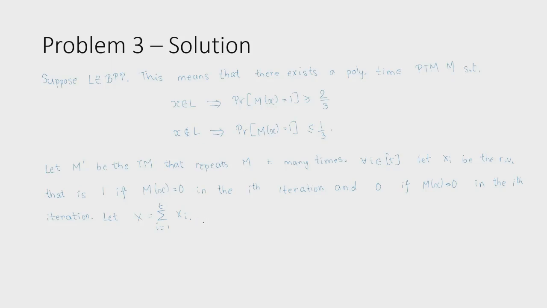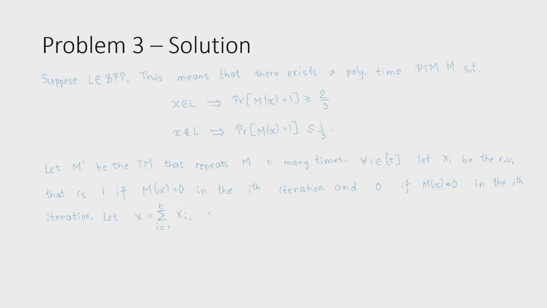Then can you tell me what X represents? Total number of times M has accepted x. Right, exactly. And so what are we interested in? We are interested in the probability of X being in a certain range, right? X being small or X being large, depending on whether small x is in L or small x is not in L, right? So let's do one case first.